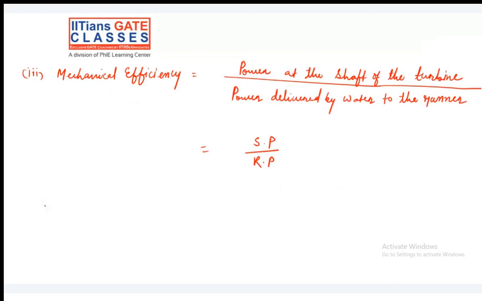And now the very important thing is overall efficiency. This is the ratio of, see, in the final thing, what you are getting is shaft power. Yes or no? This is what is available to generate the electricity, and initially what we had is water power.